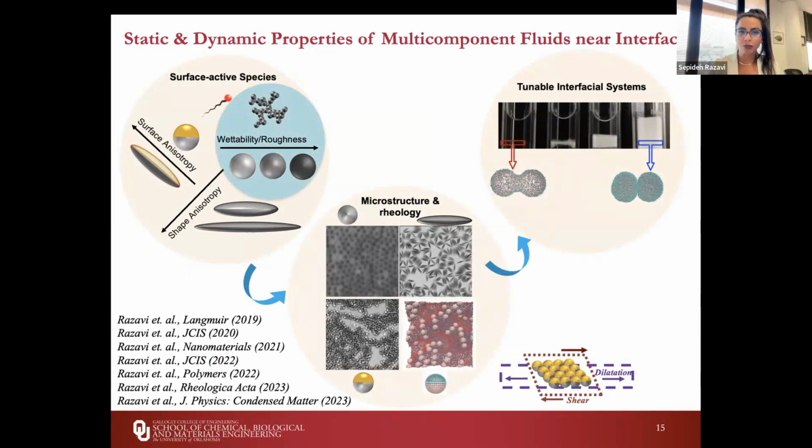Can we tune the interaction potential by changing the properties of the particles, and then look at how the microstructure is going to be impacted by that? And then can we understand how those microstructure are going to lead to special properties of these emulsions and foams by our understanding of the rheology at the interface, basically how they would deform under applied deformations, both in dilation and shear. So we work on pretty much many different attributes of particles, but today I'm going to just focus on particle wettability and particle roughness for this talk.